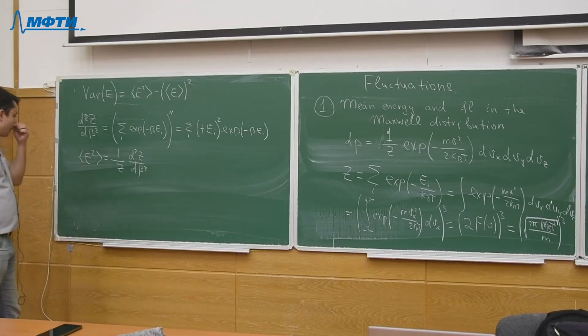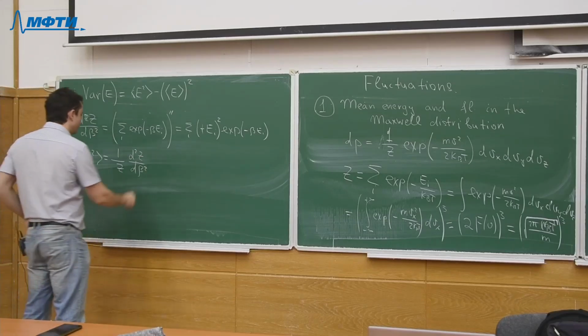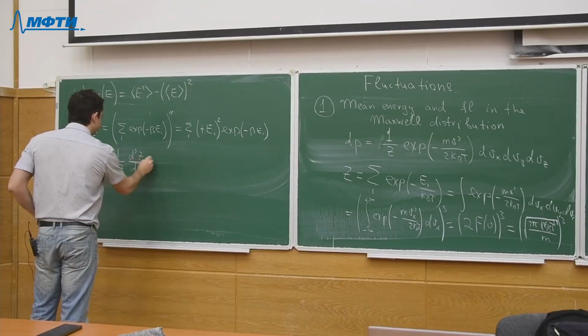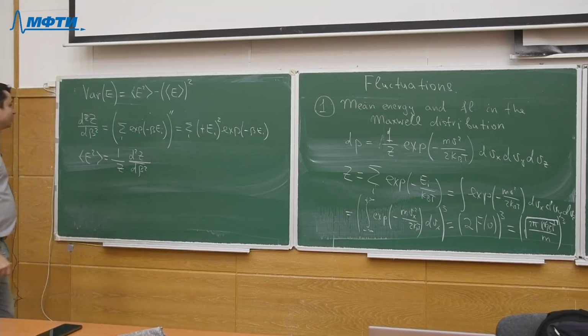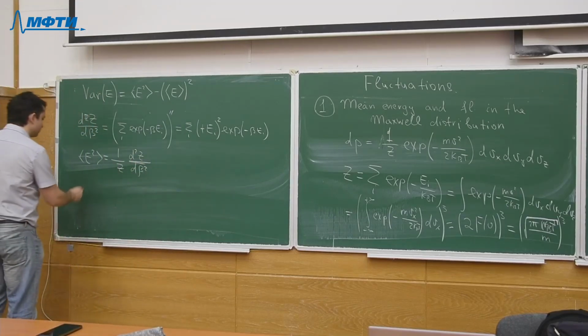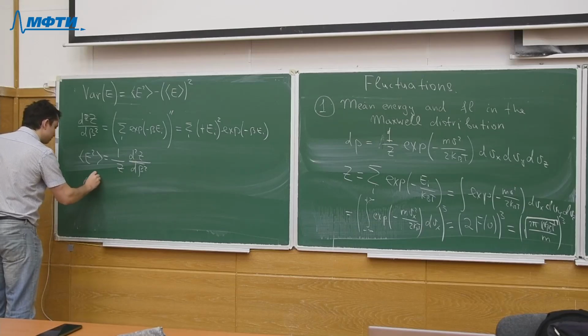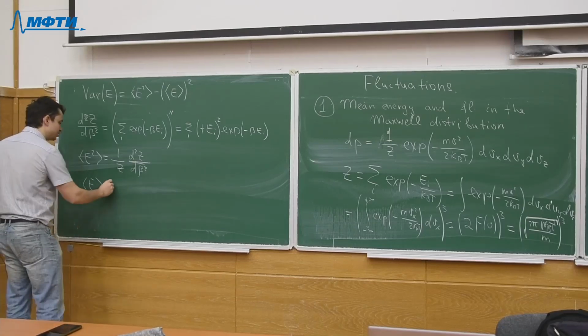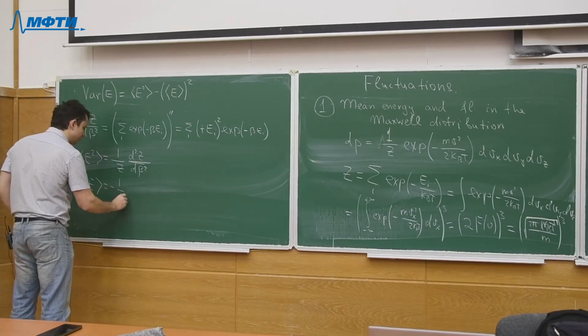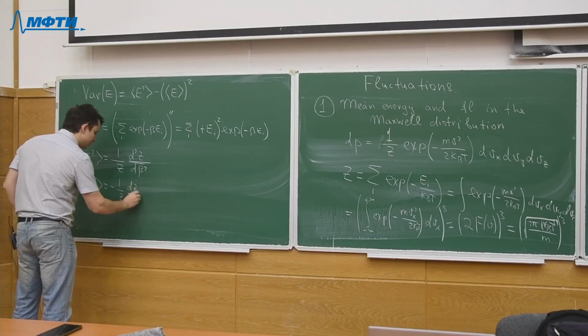Okay, so now I have it written as follows. So if I add up also the average energy squared, that is something like -1 over z, dz over d beta.